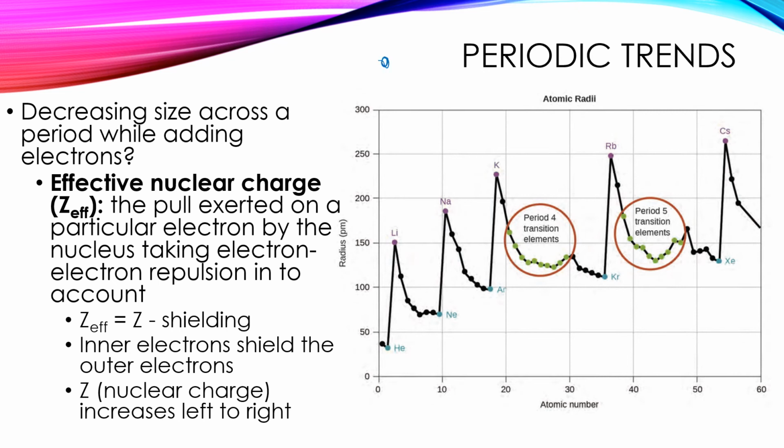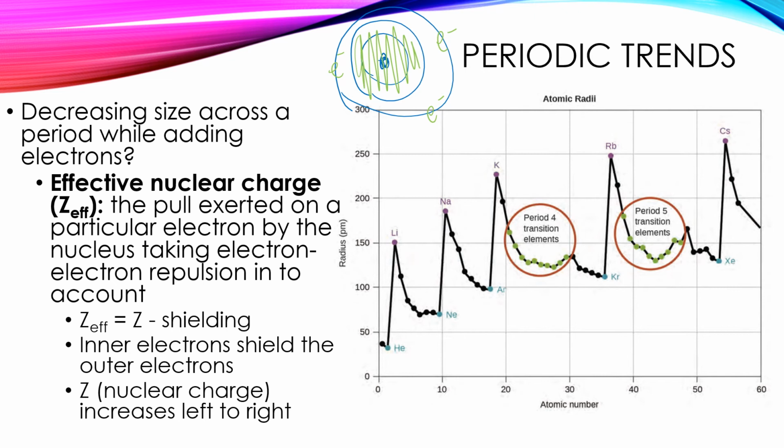If here's our nucleus and we have different shells, all of these electrons in here are shielding the outer electrons, blocking them from the nucleus's pull. That reduces the effective nuclear charge on those outer electrons.